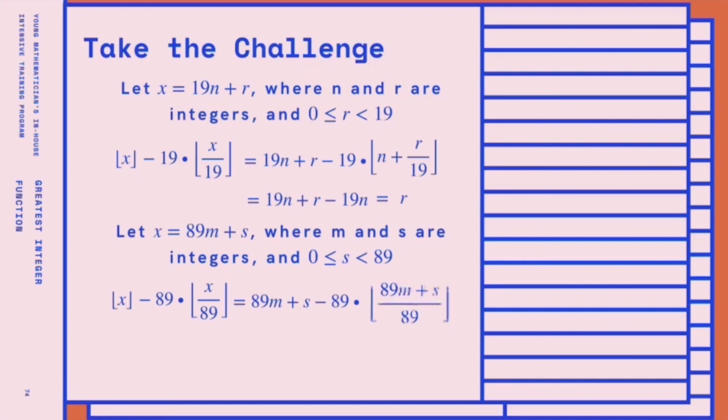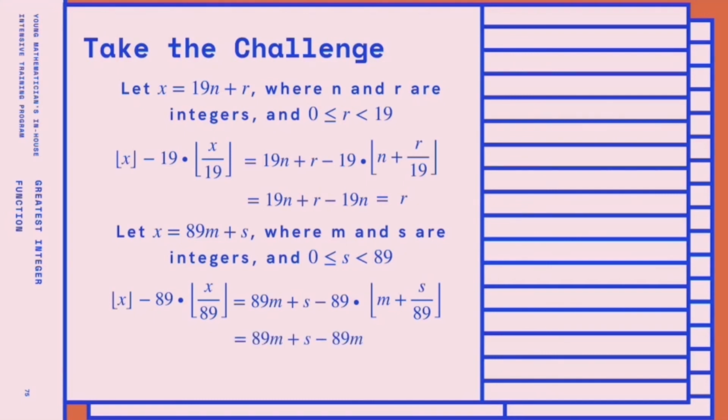We can rewrite that as m plus s over 89. S over 89 now is a fraction between 0 and 1. So the greatest integer function of m plus s over 89 is simply m.